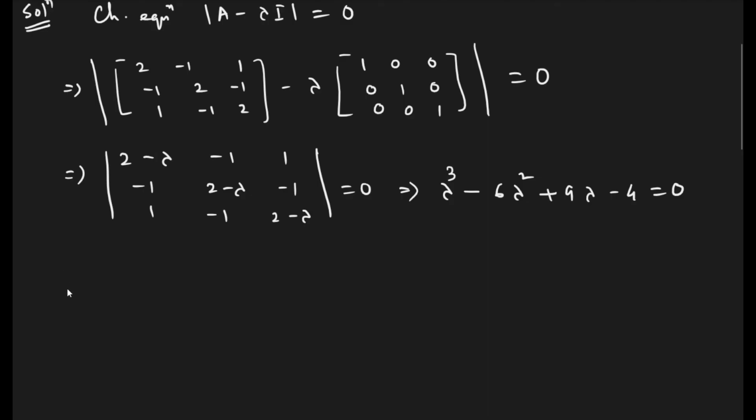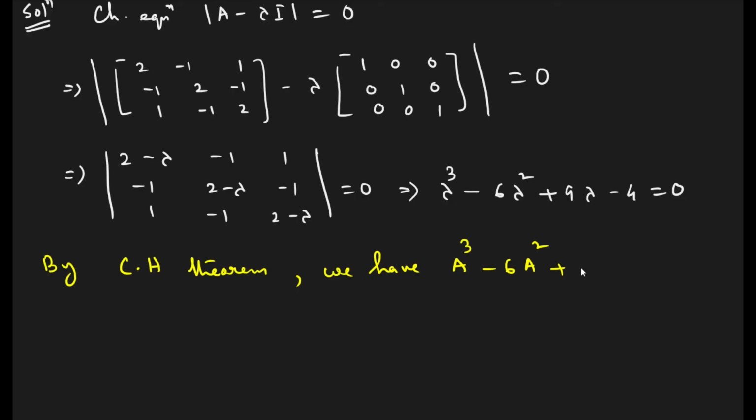Now by the Cayley Hamilton theorem, this characteristic equation will be satisfied by capital A. So we have A cube minus 6A square plus 9A minus 4I equals 0. Here there is no need to show or verify the Cayley Hamilton theorem, since we can use it.